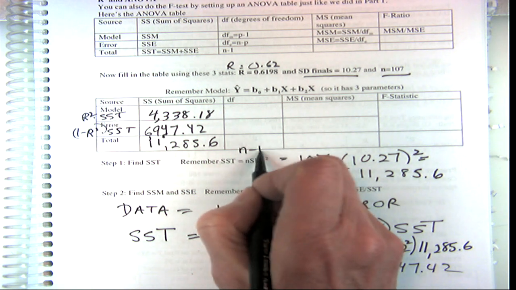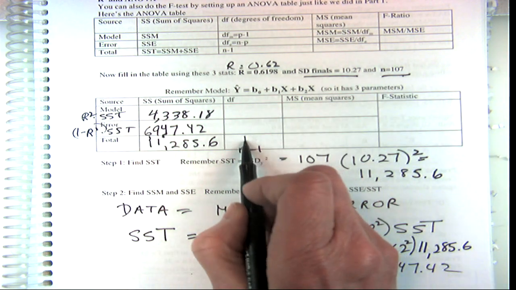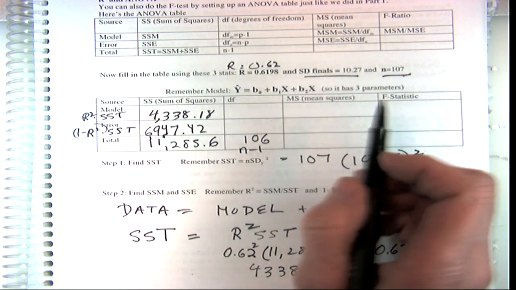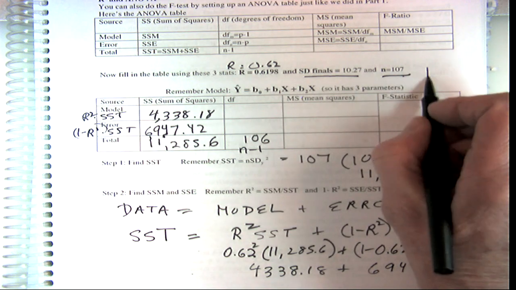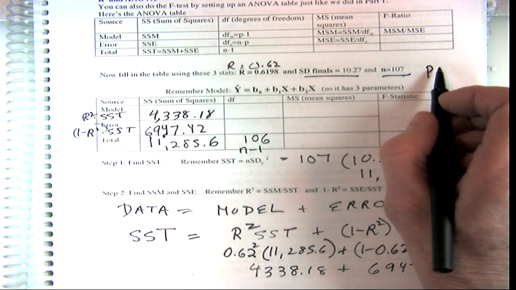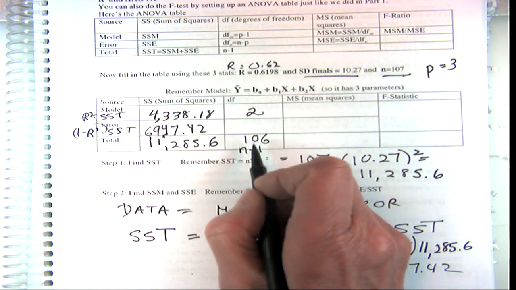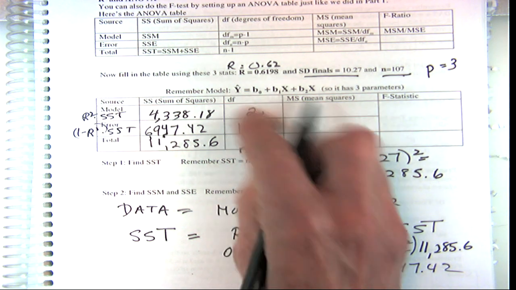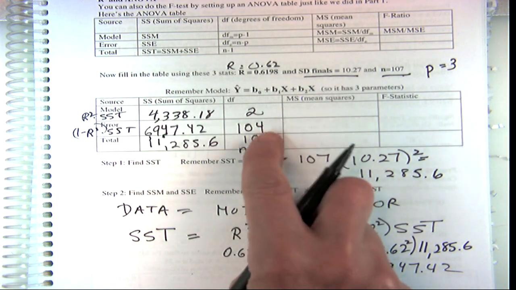N minus 1 is for the total, and N is 107, so we have 106 here. It's p minus 1 for the model, and our parameters p equal 3, so we have 2 here and n minus p here. They add up, 2 plus 104.